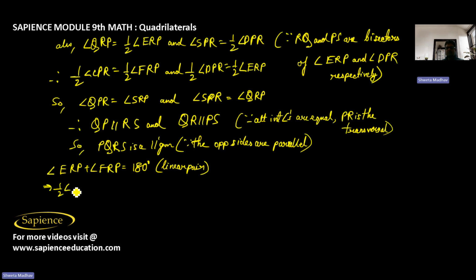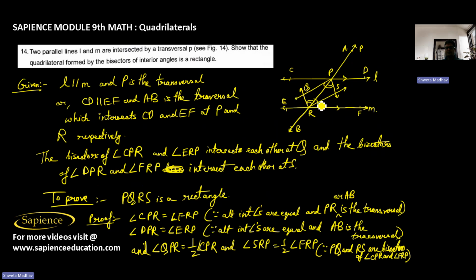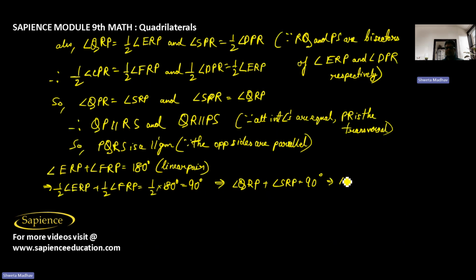So half of angle ERP plus half of angle FRP is equal to half of 180 degrees, which is 90 degrees. Half of angle ERP is angle QRP, and half of angle FRP is angle SRP. So angle QRP plus SRP is 90 degrees. So it means angle QRS is equal to 90 degrees.